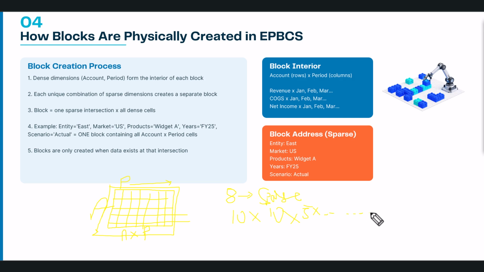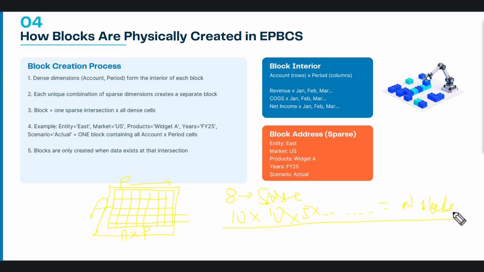It requires millions of blocks for each unique combination of sparse dimensions. But in business reality, do we really require this many blocks? If we create this many blocks, then the application would never be alive to work, right?